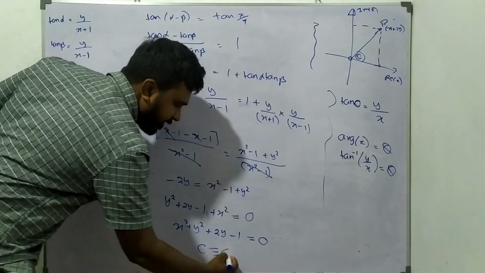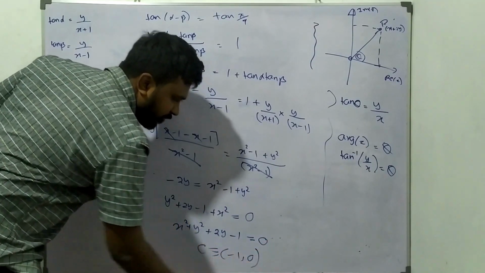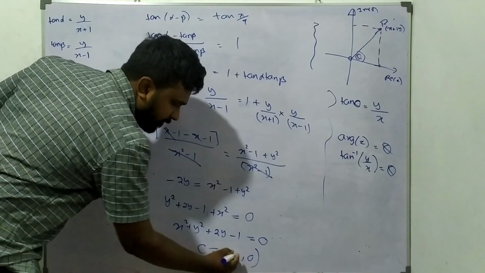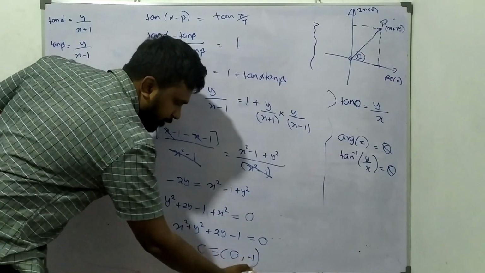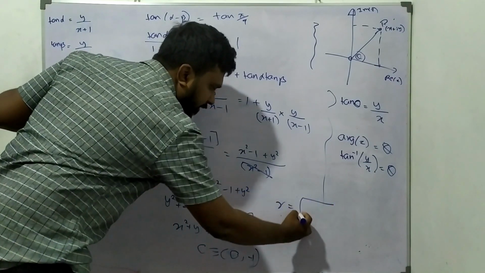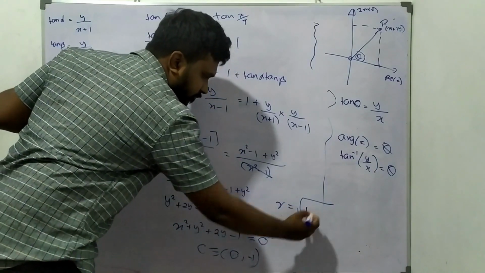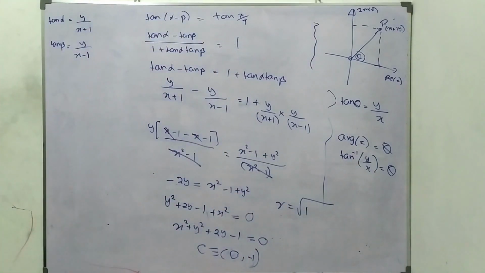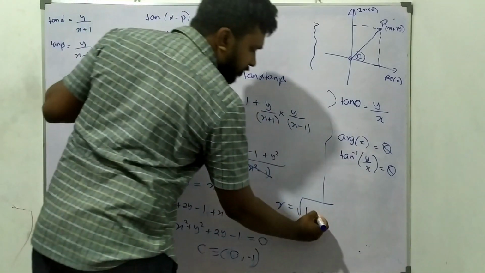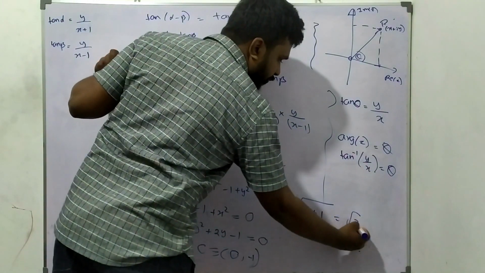The center is 0, minus 1. Then the radius will be the square root of 1 plus 1, square root 2, right?